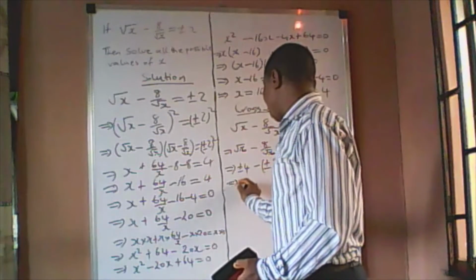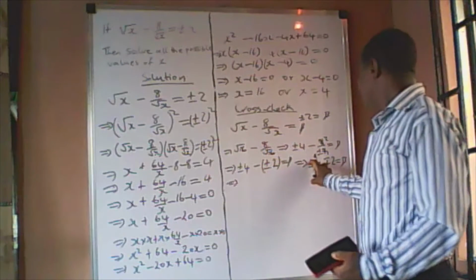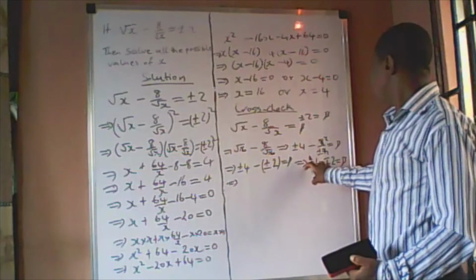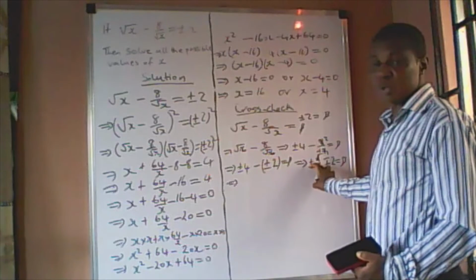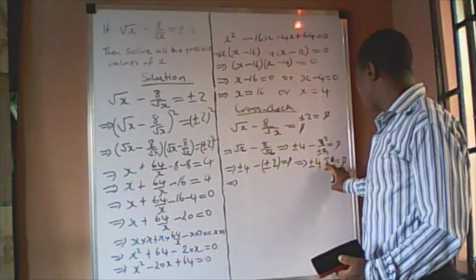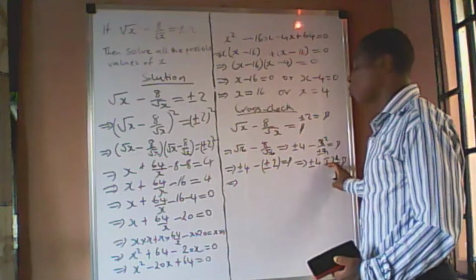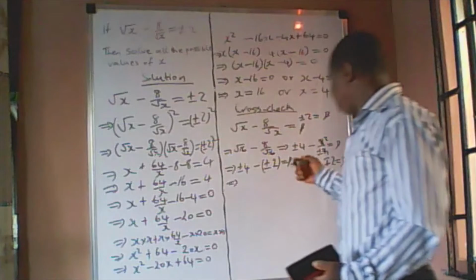This means minus or plus 4 means plus, and minus or plus means minus. That means plus 4 minus 2, we have plus 2.